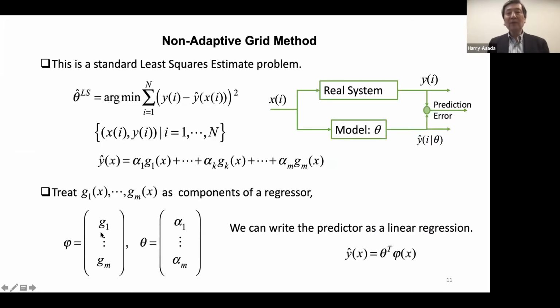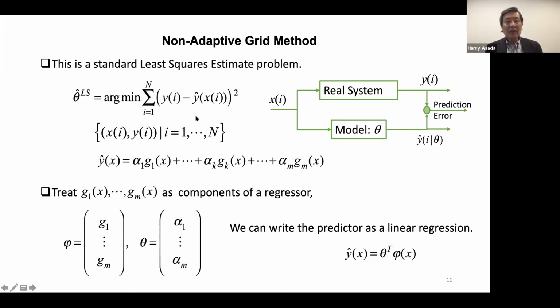So what we need to do is go back to the simple prediction error model formulation. The real system produces yi in response to xi, and the model responds with yi hat, which depends on the parameters being used.